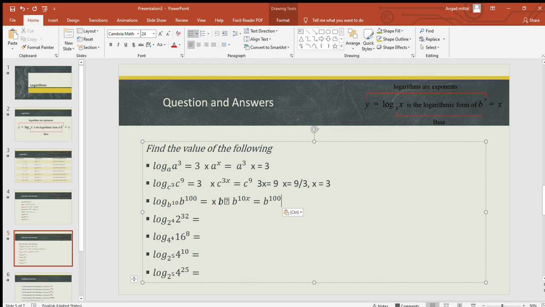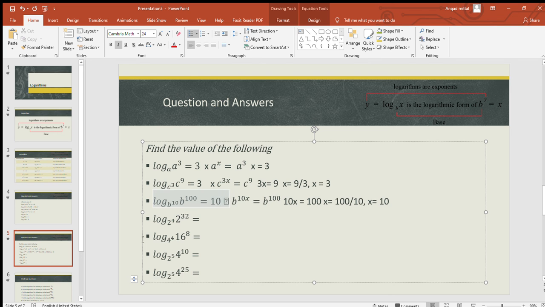Now that the bases on both sides are the same, it becomes 10x is equal to 100. And when transposing 10 to the other side, x is equal to 100 by 10, and x is equal to 10. Therefore, the value of this question will be 10.